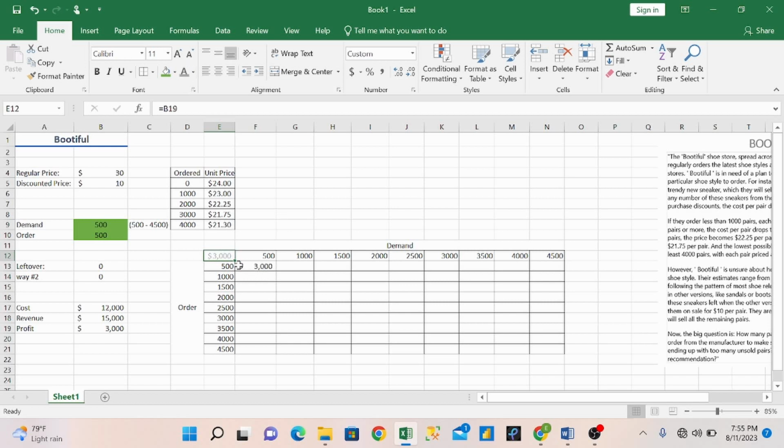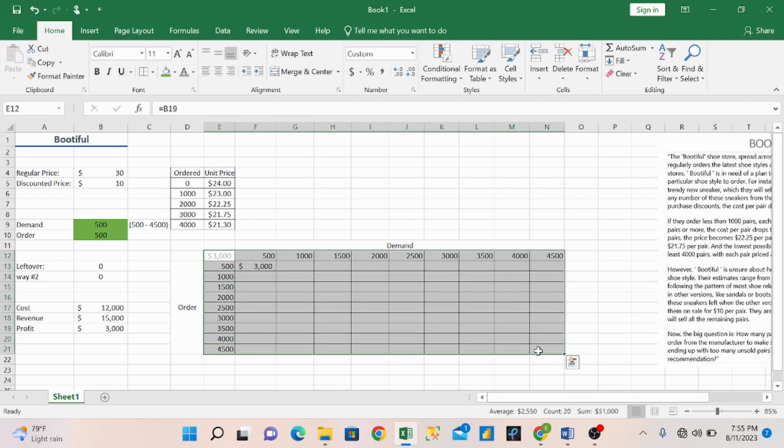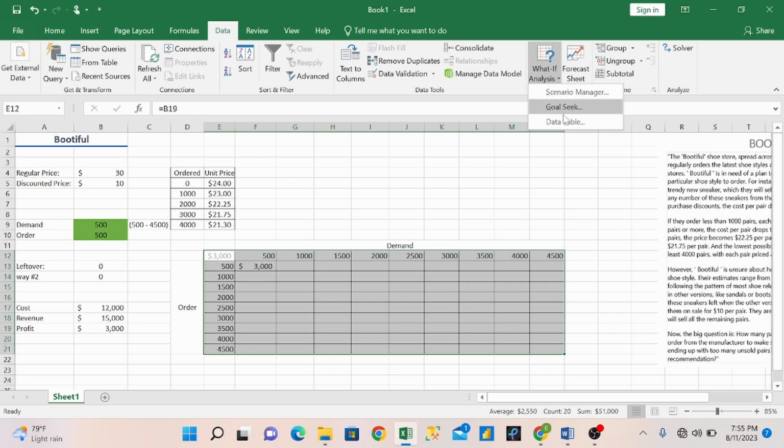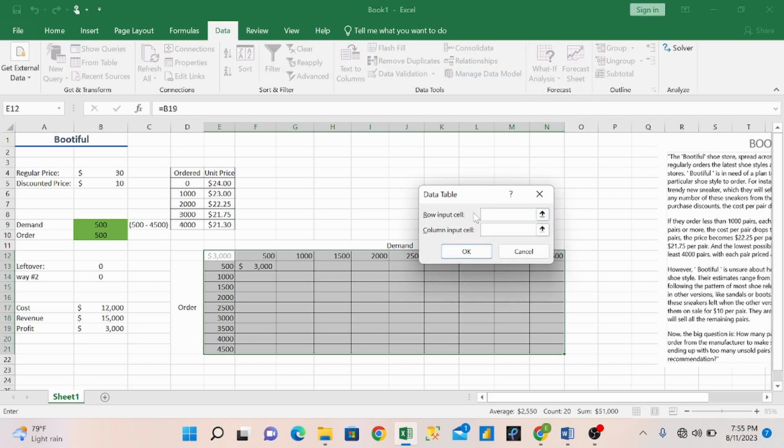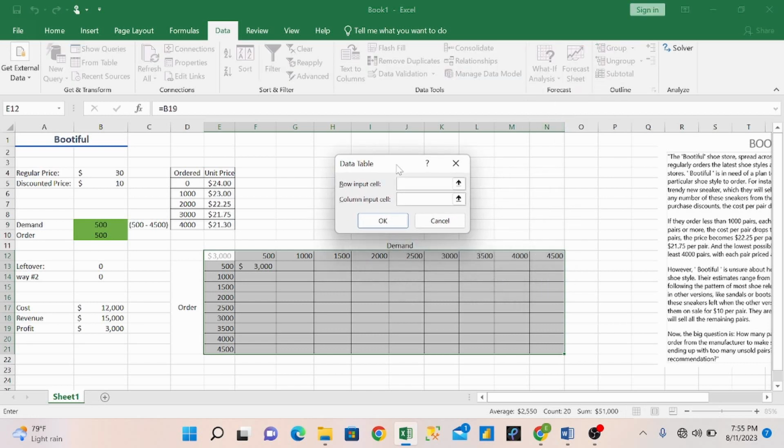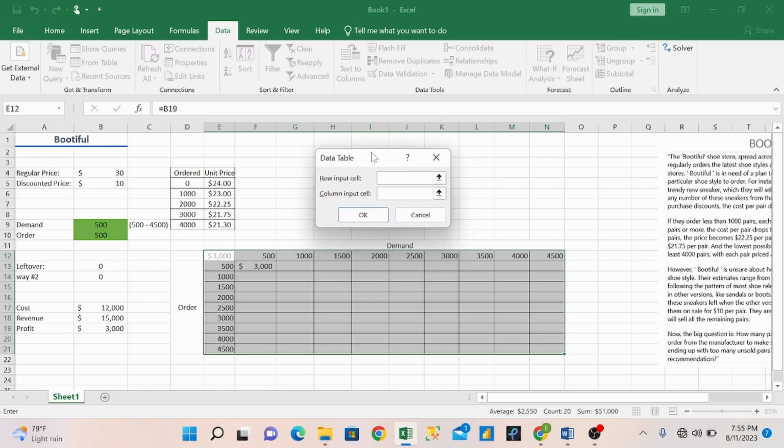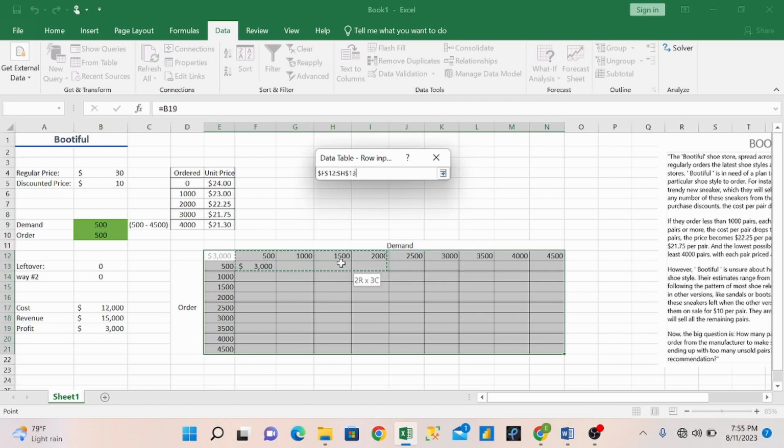Okay. So now I'm going to highlight my entire table here. Go on to the data tab, what if analysis, data table. Now my row input cell. So my row, which is these headers, which is my demand, obviously. Where is it located in my spreadsheet?